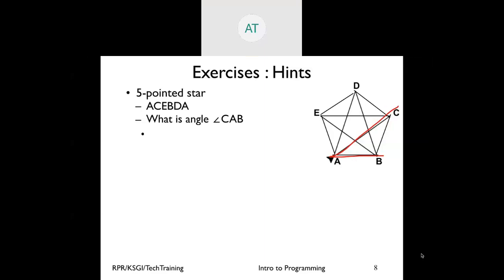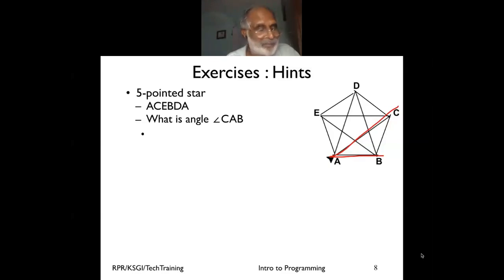Angle CAB and CBA would be the same. CA and BC are the same size. So if you look at the triangle ABC, it's an isosceles triangle.